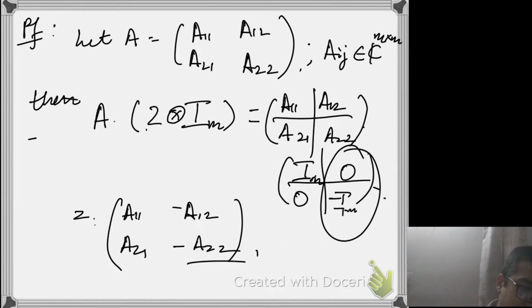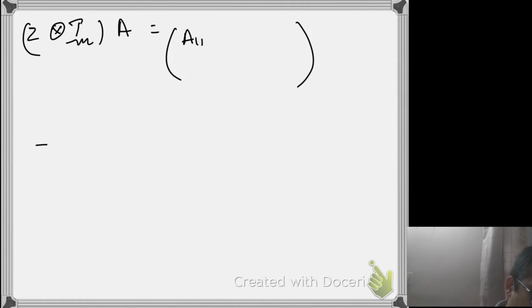So this is what I get when I compute A times Z tensor IM. Similarly, from block multiplication, you can also compute Z tensor IM times A, and that will give you A11, A12, minus A21, minus A22.